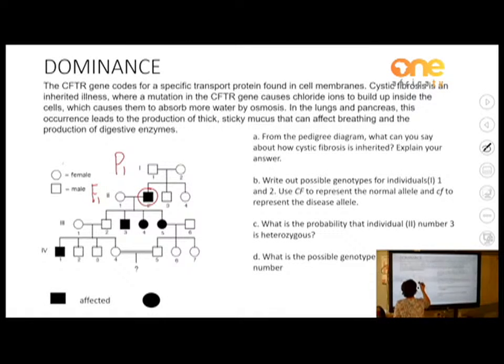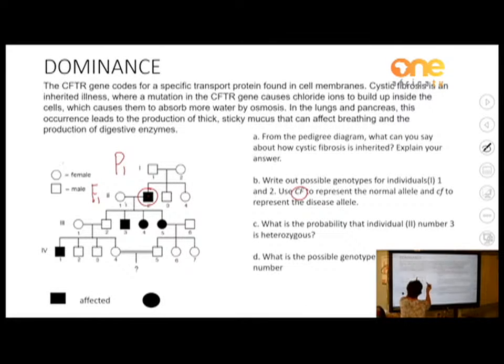So this offspring did inherit cystic fibrosis, and here they tell me I must use CF. So this individual, number 2, did inherit the genes.